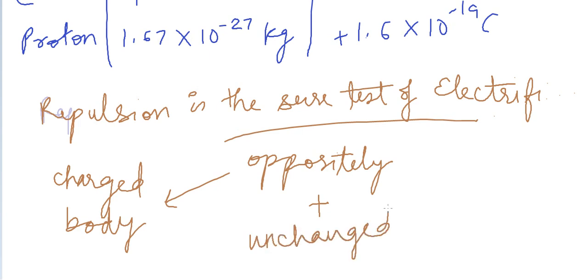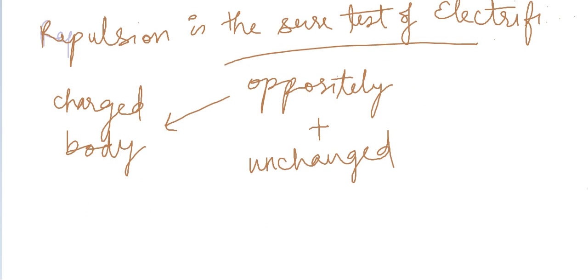As you know, when you rub a comb against your dry hair, the bits of paper, which are obviously uncharged, are also attracted. So I hope you can see that attraction is not the sure test of electrification. You cannot say that those bits of paper are electrified.